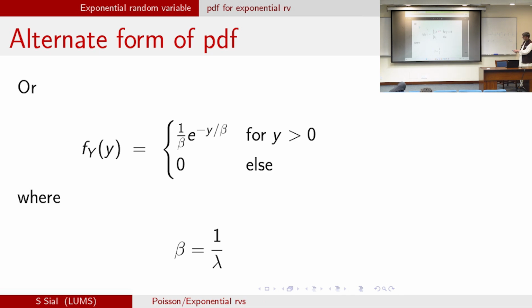And you get 1 over beta. So what's the expectation for y? If lambda was the expectation for x, what's the expectation for y?